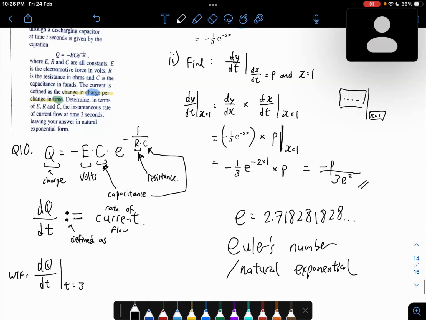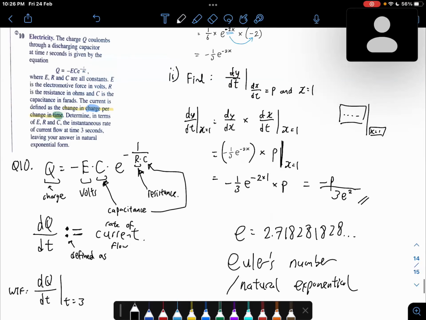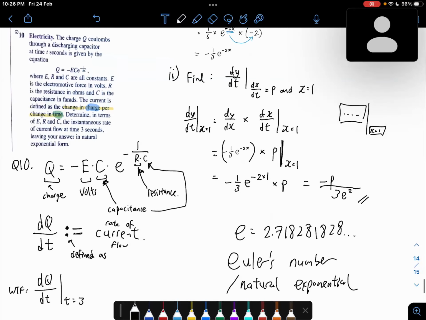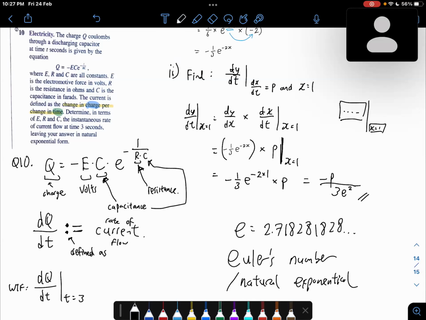Okay, then in this case, how do we do this question? You need to figure out which expressions are constants, which expressions are not constants.